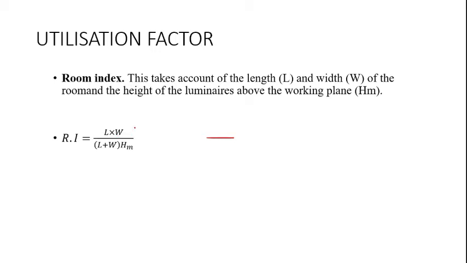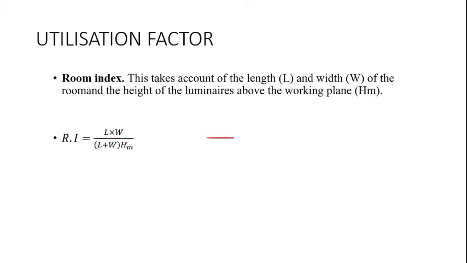This takes account of the length L and width W of the room and the height of the luminaire above the working plane. So by varying the length of the room, the width of the room, and also the mounting height, the room index will vary.